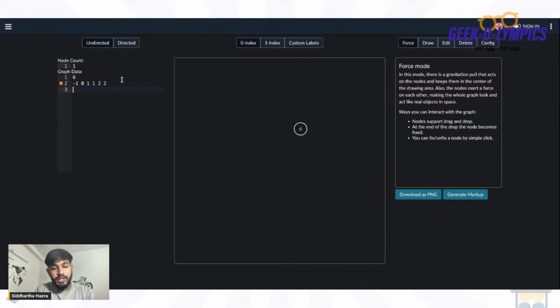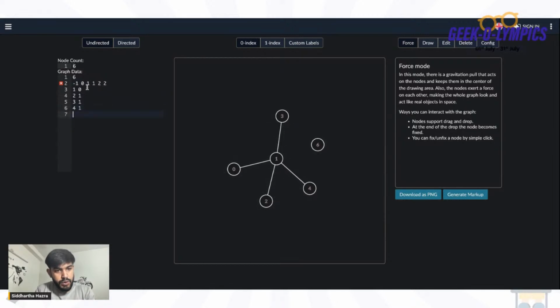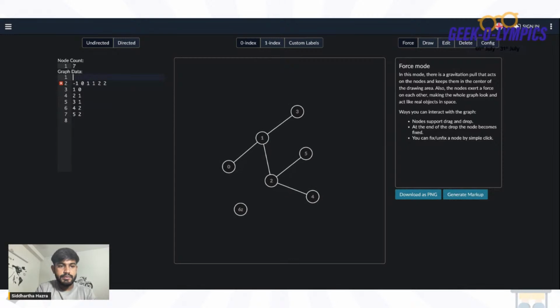Okay, now 0 has no parent, 1's parent is 0, so 1 2 0. Okay, 2 2 1, then 3 2 1, then what, 4 2 1, then 4 to 2, and then 5 to 2.